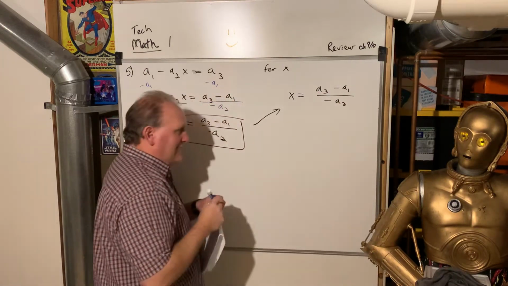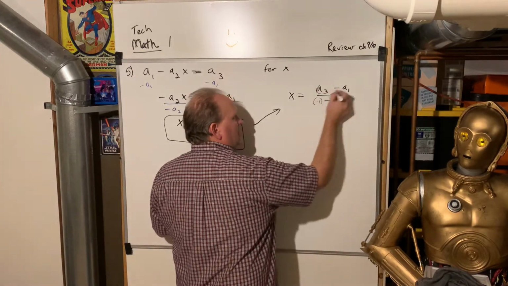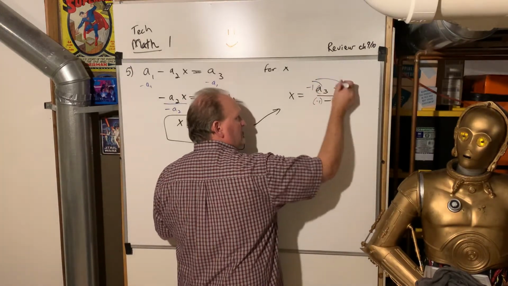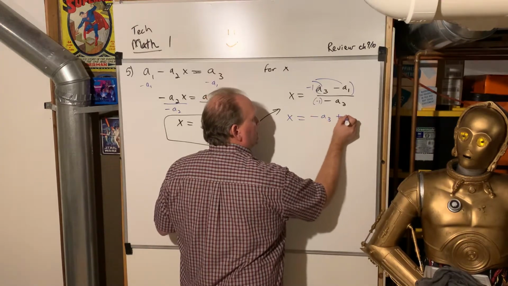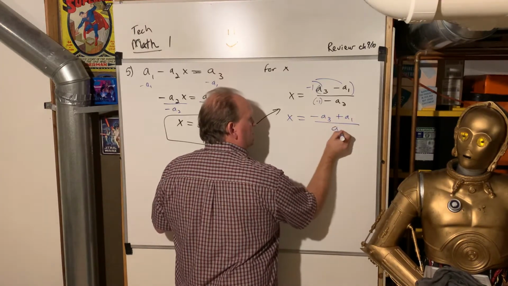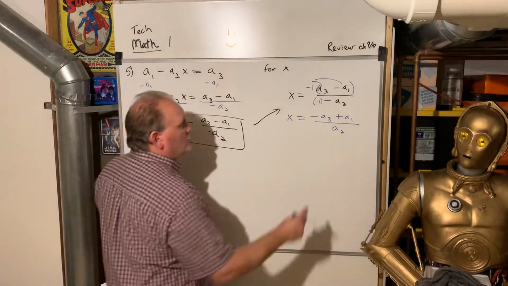Instead of leaving the negative on the bottom, what they do is they multiply the bottom by negative 1 and they multiply the top by negative 1. And what that does is it makes the bottom term positive, all right?